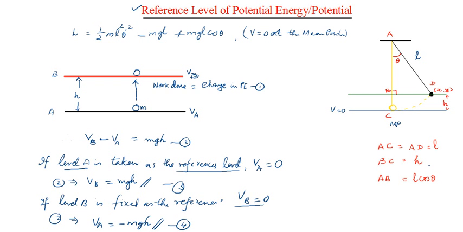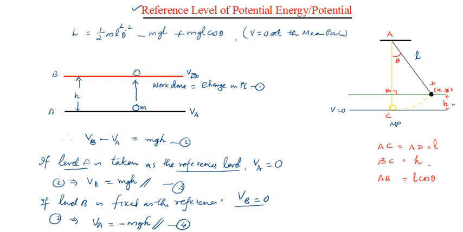When V equal to 0 at C, we took this one as height h, you can see here, the extreme position, right? D is the extreme position in the diagram. So the potential energy at D was taken as simply V equal to mgh, and we then calculated the Lagrangian.